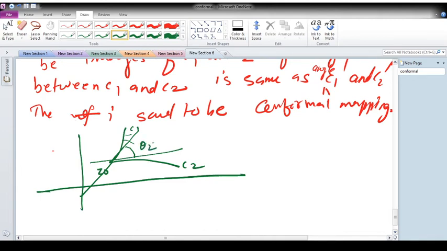So the angle in between is bigger minus smaller, so theta 2 minus theta 1.